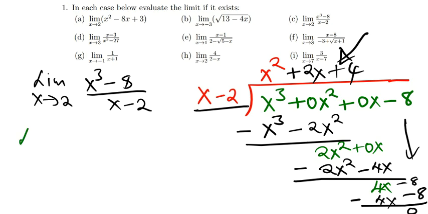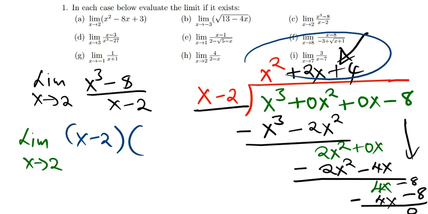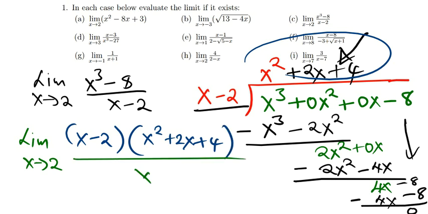So therefore, in the limit as x approaches 2, the top part is divisible by that, implying that the product of x minus 2 and this expression on top, if you multiply them, we are going to get what we have on top. On the bottom we have x minus 2.